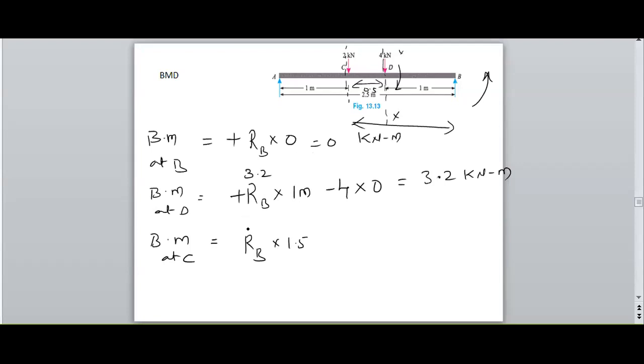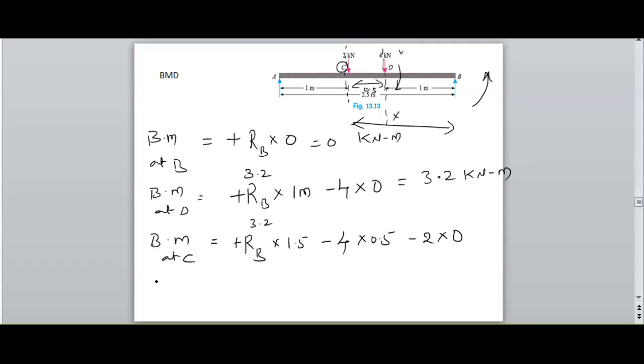It is anti-clockwise, so it is positive. The second force is 4, and its perpendicular distance from C is 0.5, and it is clockwise, so it is negative. The next force is 2, and its perpendicular distance is 0 because the section is at C. So I need to find this value.